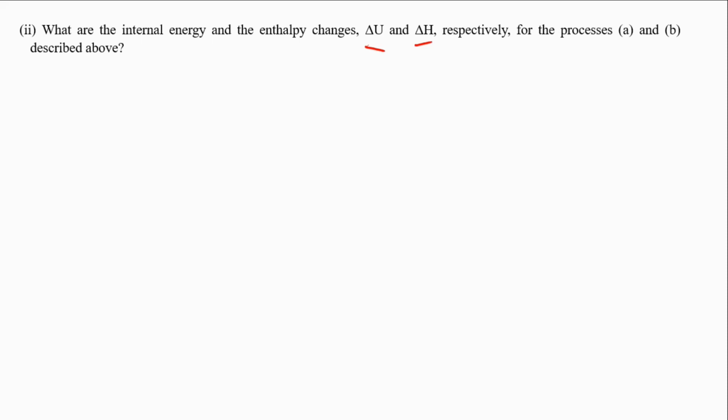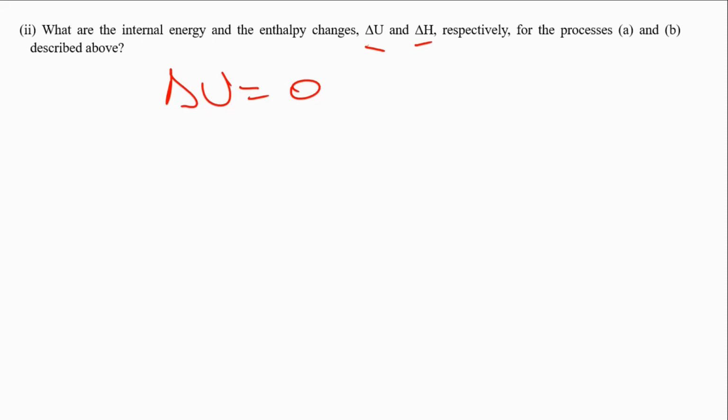Now, first of all, both of them are isothermal. For isothermal processes, delta U is equal to zero. So that has been taken care of already. Delta U is equal to zero for both processes. It doesn't matter if they are reversible or irreversible. The fact is that both of them are isothermal.